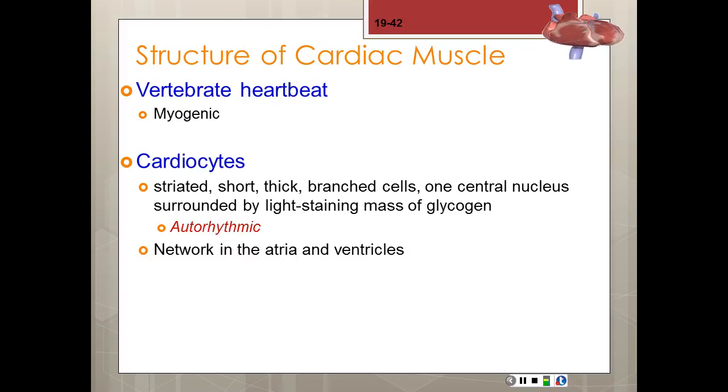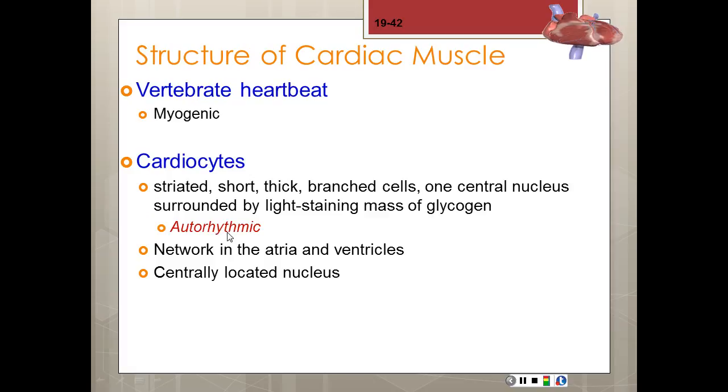Now, in terms of the structure, the heart is mostly muscle, and the muscle is striated, but is different from the skeletal muscles in other respects. Now, more on the cardiocytes, the heart muscle cells.